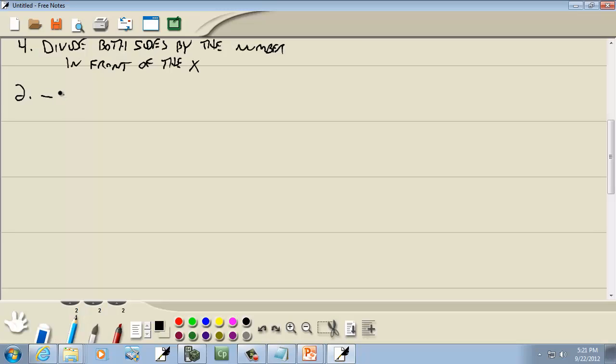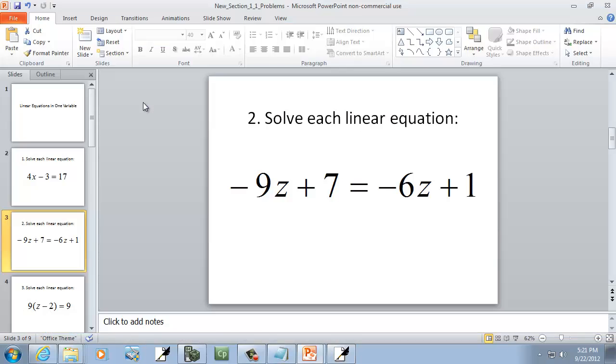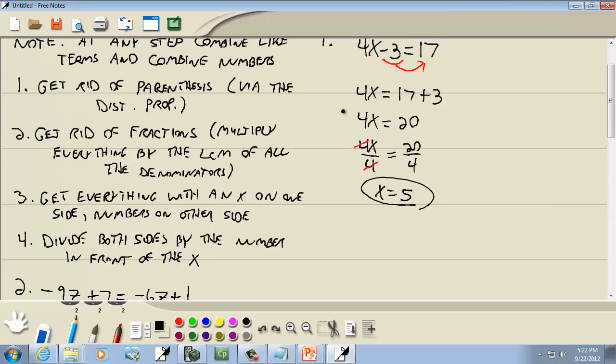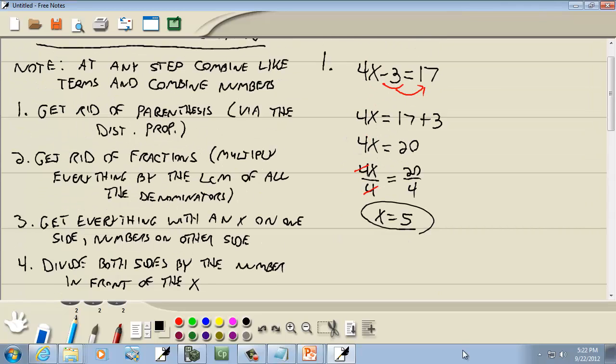We got negative 9z plus 7 equals negative 6z plus 1. Now I should mention, on this problem we just did, some of you may have learned that a little bit different. You may have learned putting a plus 3 underneath there and plus 3 underneath there. And that's fine.